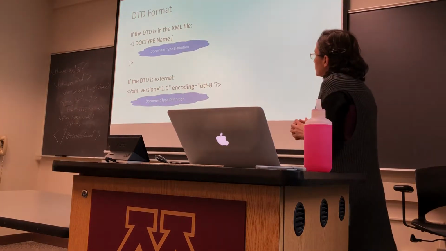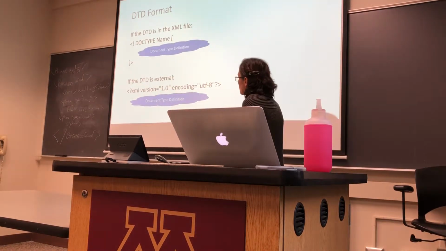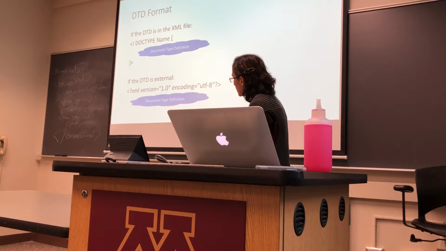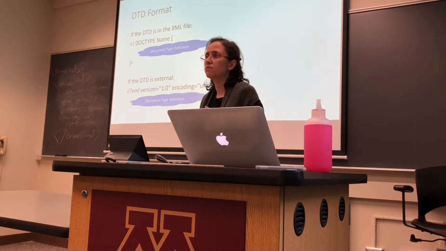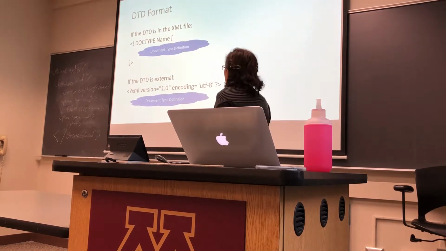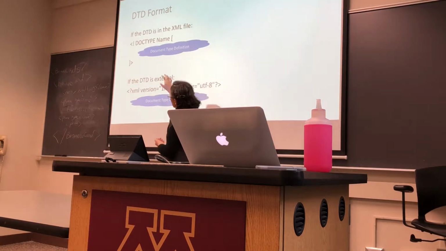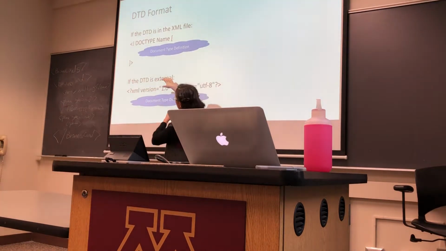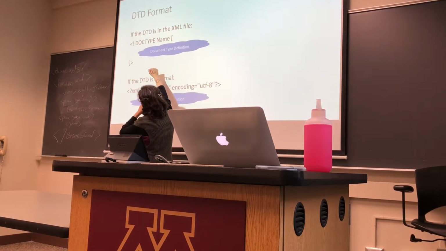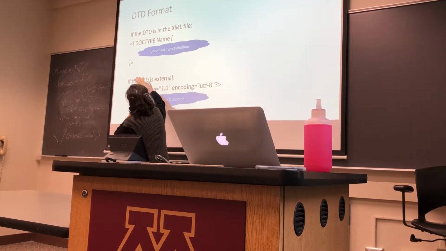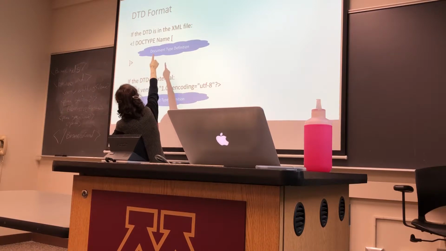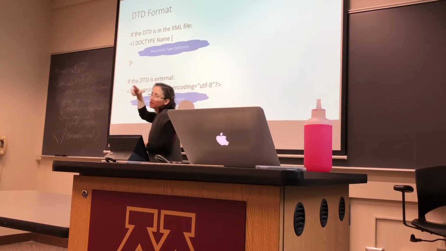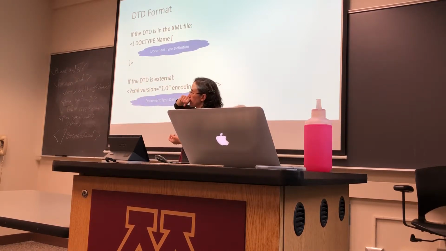So we said that the DTD can be within your XML file. If it is, then this is how you start, at the top of your XML document. You would start with doctype, and the name that goes here is your root tag.